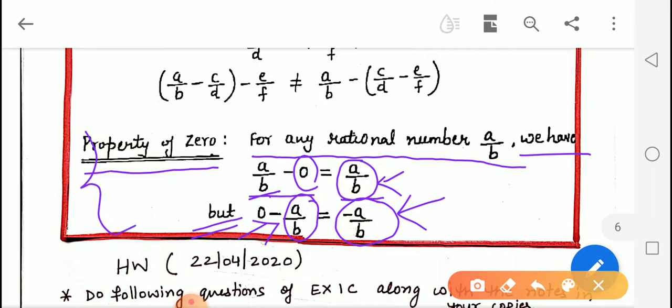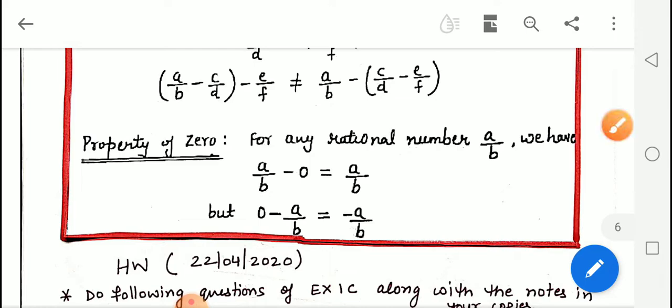Recall the special cases which we did in the last class, in which we wrote that when 0 is subtracted from a rational number, the answer will be the same rational number. And if any rational number is subtracted from 0 like this, the answer will be its additive inverse. This also we have done earlier.